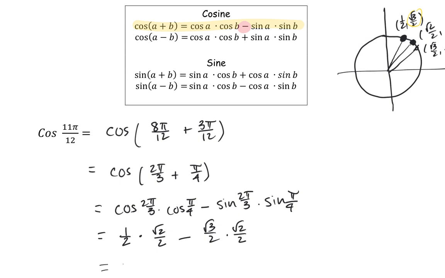And then we simplify these, so the first one would simplify down to square root of 2 over 4, and then minus square root of 6 over 4. And we could write that as square root of 2 minus square root of 6 all over 4. And there's our exact value.